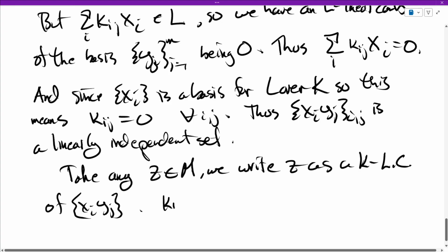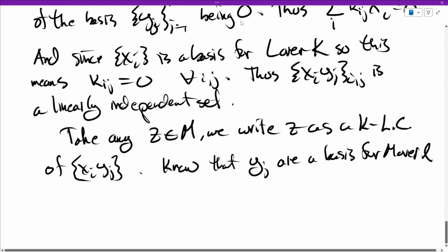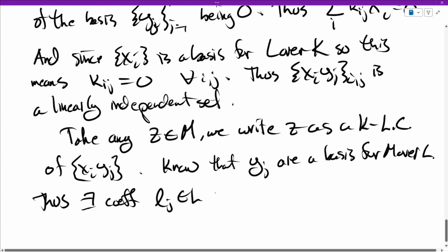Firstly, we know that the y_j are a basis for M over L. Oops, that should be a capital L. Thus, by definition, a basis is a spanning set. There exist coefficients l_j in L such that z is a sum over j of l_j y_j. Again, I'm abusing notation here and not writing the range.